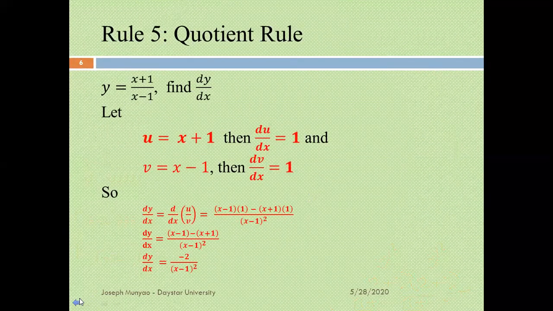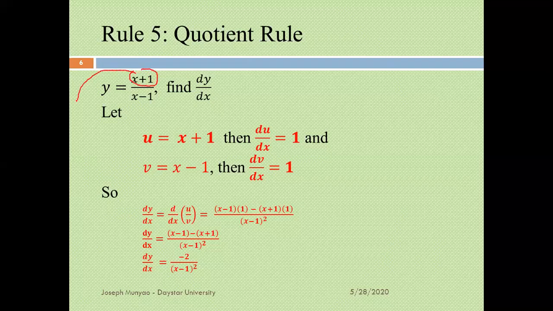There's another one here which already I've worked out the answer for you. The function looks like this. You're required to find dy dx. So the top one here becomes our u there. So when you differentiate, it gives you 1 because already this is a constant. The denominator is there, so that becomes my v.